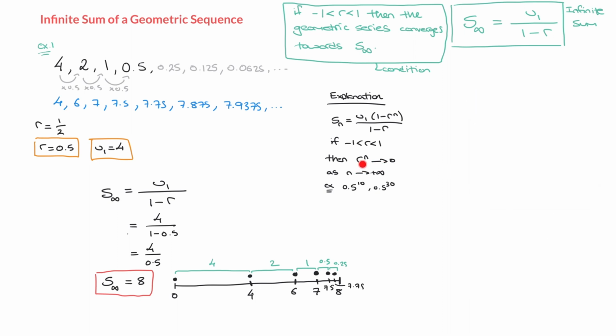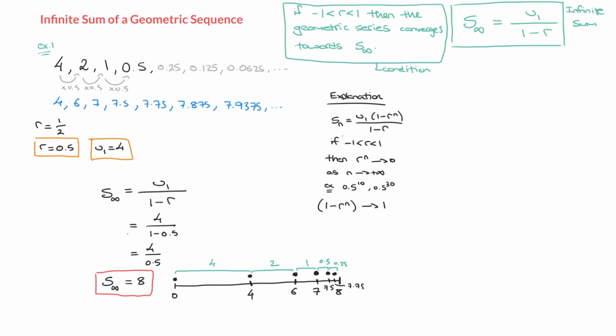And if r raised to the power of n tends to 0, then 1 minus r to the power of n, which is what we have in the parentheses in this formula here, will tend towards 1. And that makes sense because if r to the power of n tends towards 0, 1 minus r to the power of n tends towards 1 minus 0, which is 1.